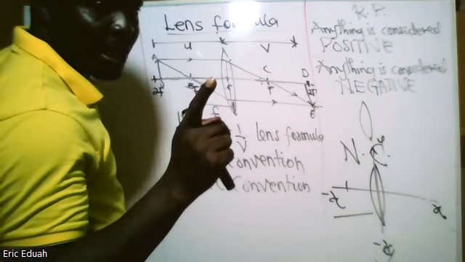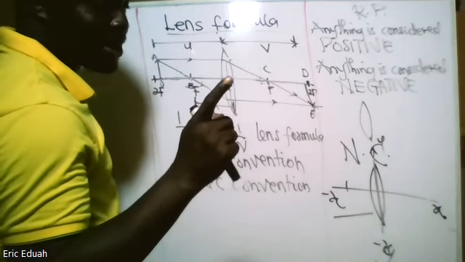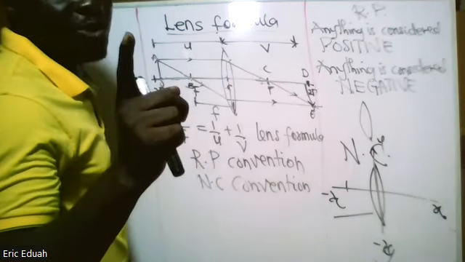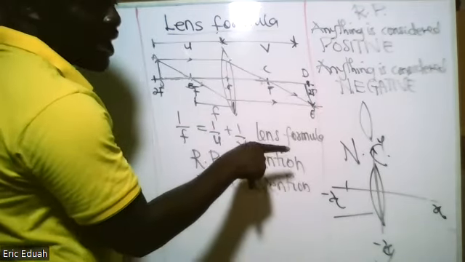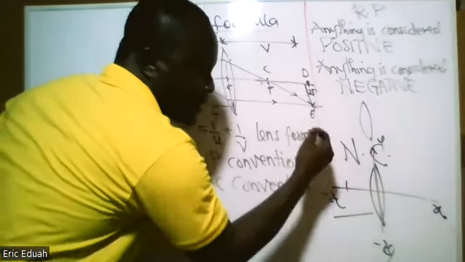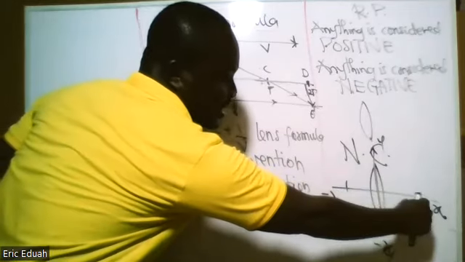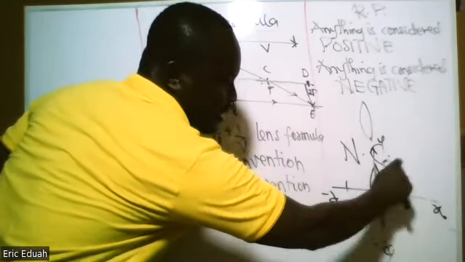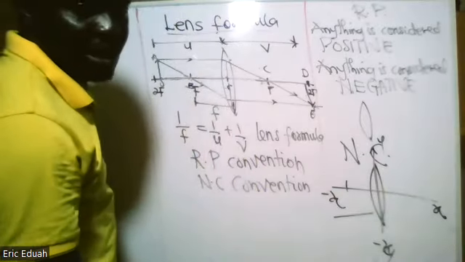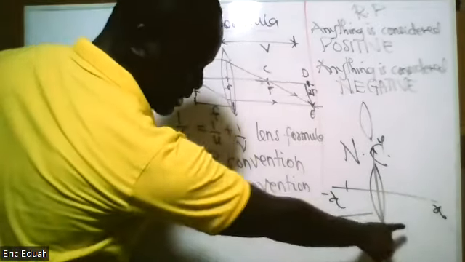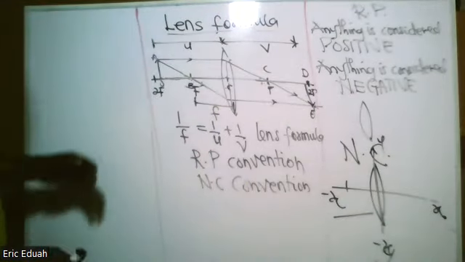But over here, it depends on where the object is. So if the object is here, then refracted rays will converge over there at the other end. So it's real. So it will be positive.